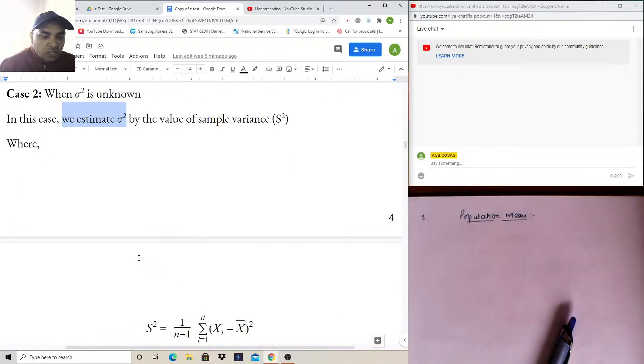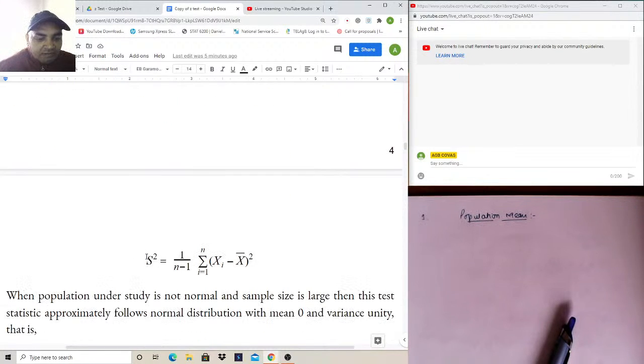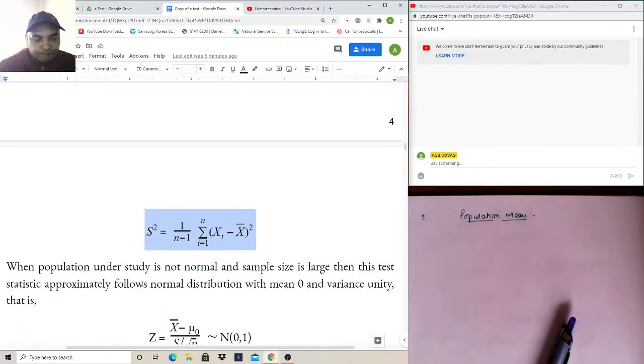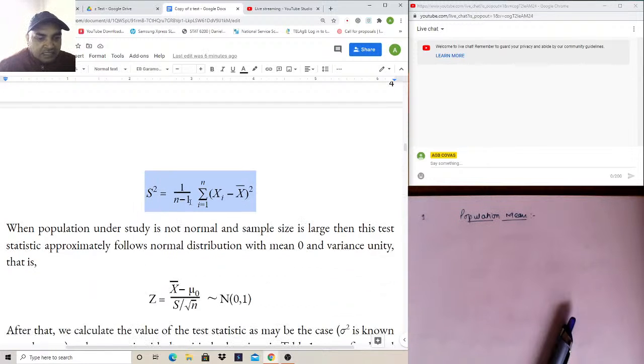Your sample variance will be equal to 1 upon n minus 1, sigma i equals 1 to n, x i minus x bar whole square. You can calculate the sample variance using this formula. The difference is that because you are doing sample statistics, instead of dividing by n, it is divided by n minus 1.